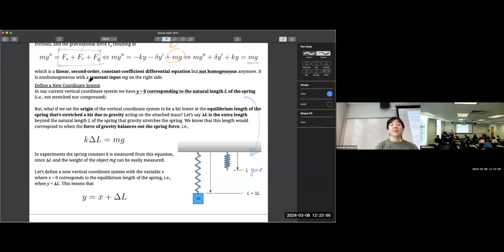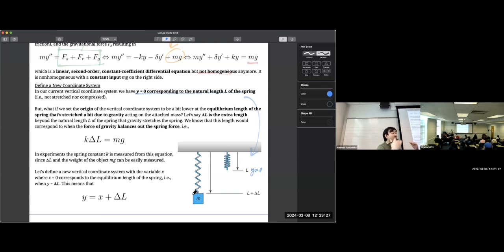Now, what if, instead of saying that this is my 0 position, we let the origin, so that means our 0 position, be a bit lower? So let's say we attach the mass and we just let it rest, let the mass stretch the spring. Obviously, if you put the mass on the spring, due to gravity, it will come down, and you just let it stay like that.